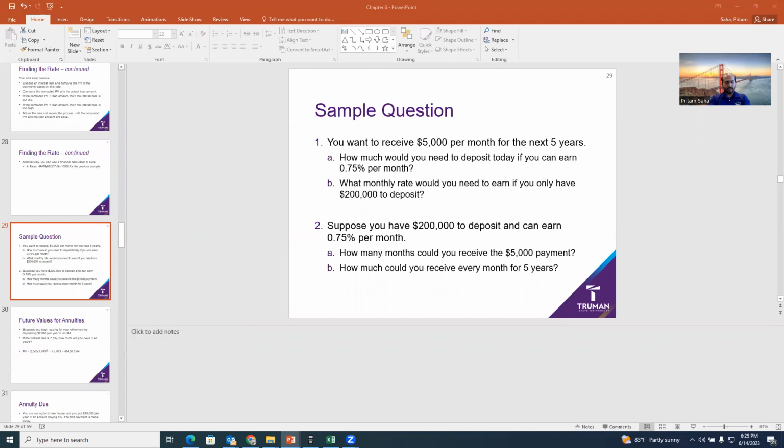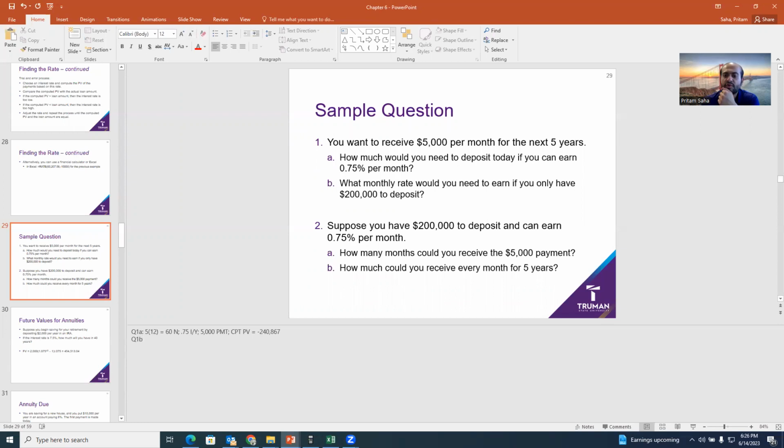That means you need to calculate present value. So that should be the answer. Right? Now question 1B. You can say this is question 1A. Now question 1B.